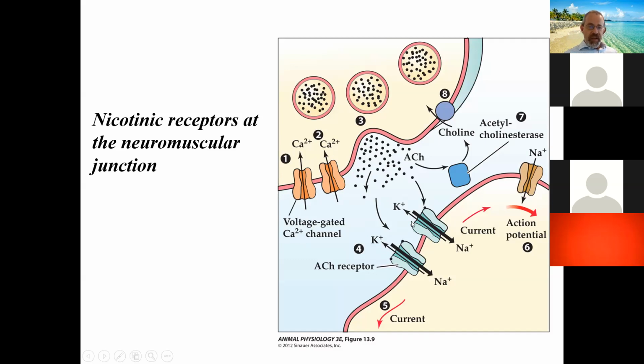There's a small efflux of potassium, but it's primarily a sodium influx. At the end of this response, the neurotransmitter will be inactivated by acetylcholinesterase, which will ultimately lead to the reuptake of the choline and everything, so it can be recycled to form new neurotransmitter.